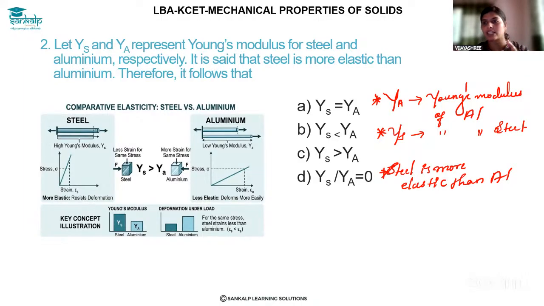More elasticity means the material undergoes less deformation, or receives less strain under the application of the same stress. Here it is given that steel is more elastic than aluminium, so steel suffers less strain than aluminium under the same stress.